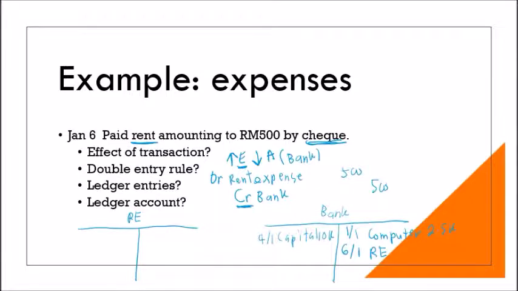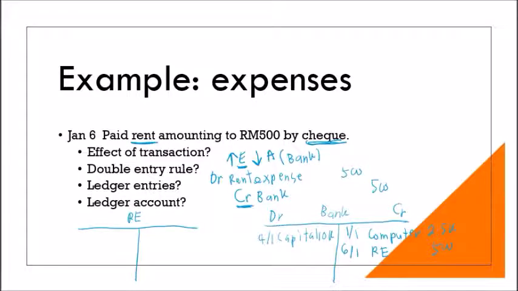So you can see that the money in the bank keeps reducing on the credit side. The bank itself has many transactions. So you have to put the transaction of the 6th January on the credit side being rent expense amounting to 500.